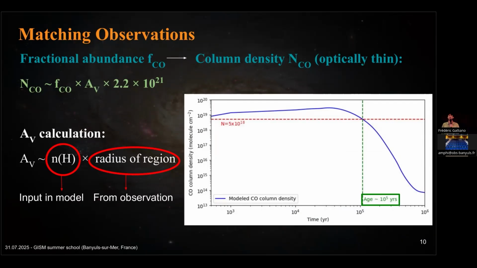The AV is calculated in a crude way, just per hydrogen, which is the input of the code. So we get the evolution of the column density of CO with respect to time. And by combining it with the column density that we got from the observations, which is 5 times 10 to the 18, we can have a very crude estimate on the age of this cloud, 10 to the power 5.